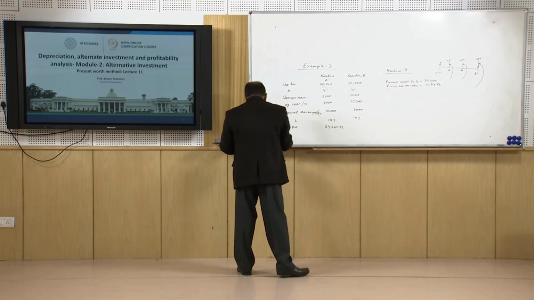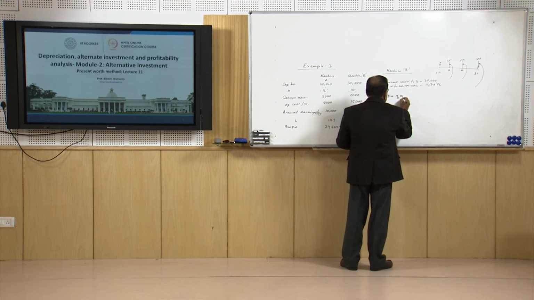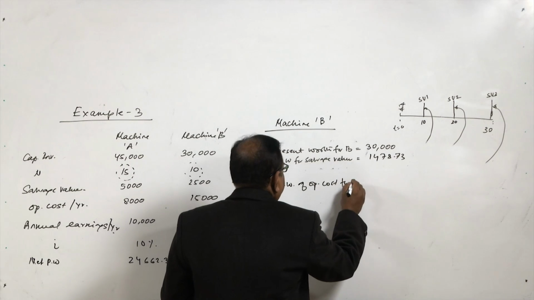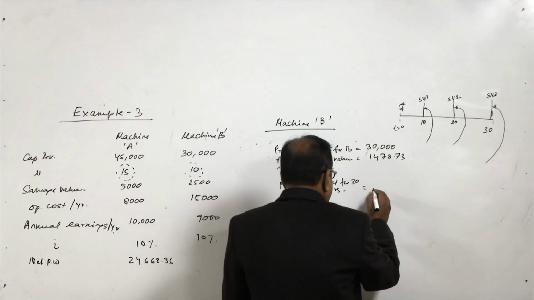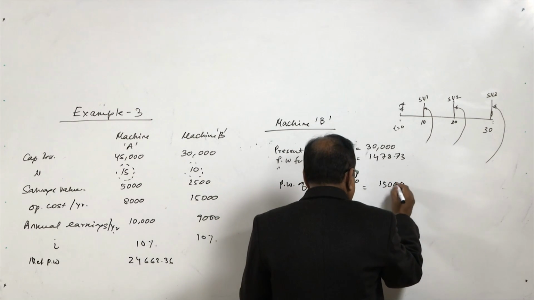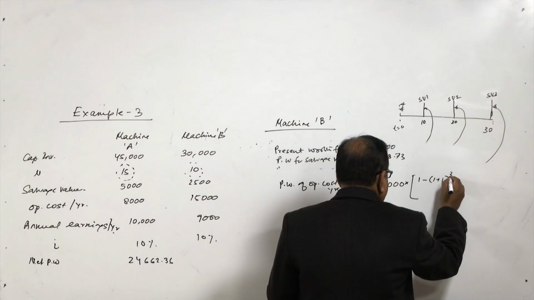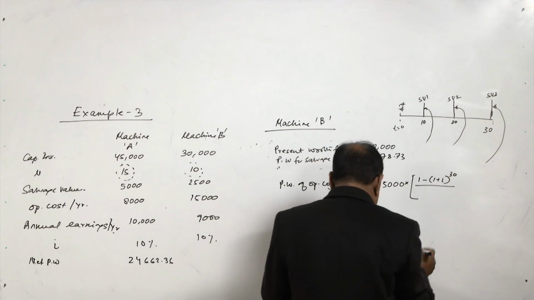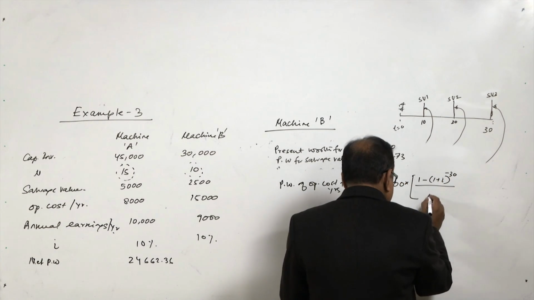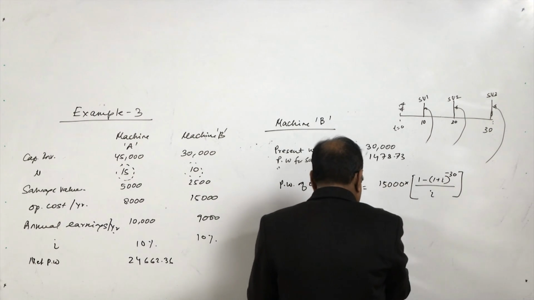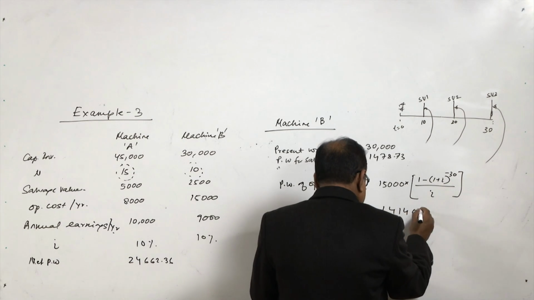Now, present worth of operating cost for 30 years is equal to 15,000 into (1 minus (1 plus i) to the power minus 30) divided by i. This comes out to be 141403.72.